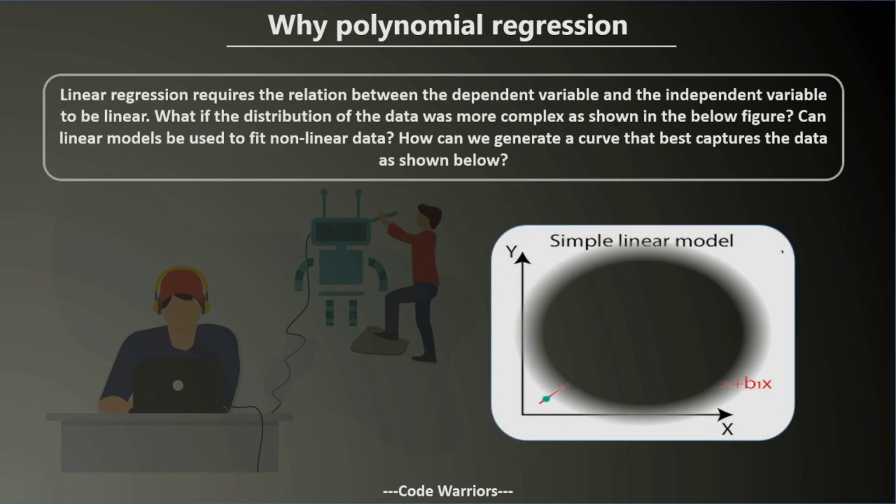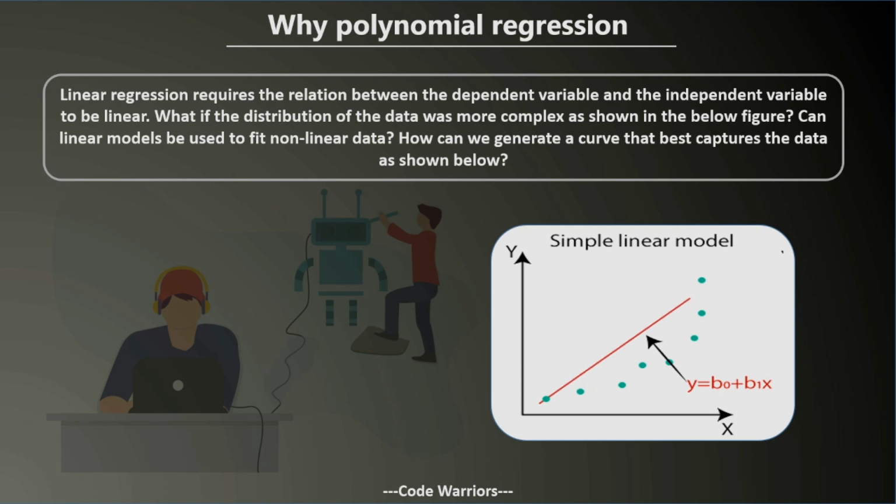Now first we need to understand why polynomial regression. In the previous session I told you that the simple linear regression model and multiple linear regression model tend to fit the data linearly even if the data is non-linear. As you can see in this image, all the green data points are kind of curvy.